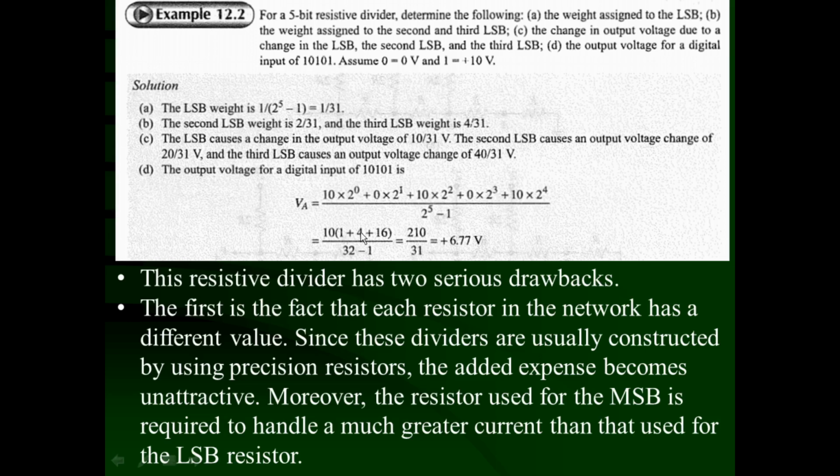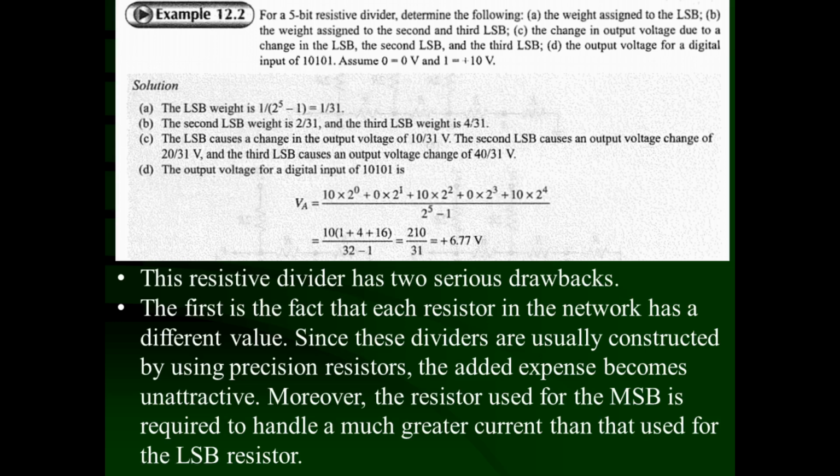So, the summation of this is going to be 21 into 10. So, 210 upon 31, that comes out to be 6.77 volt. So, we can say that for a digital input signal of 10101, the analog output voltage will be 6.77 volt if the maximum voltage is 10.